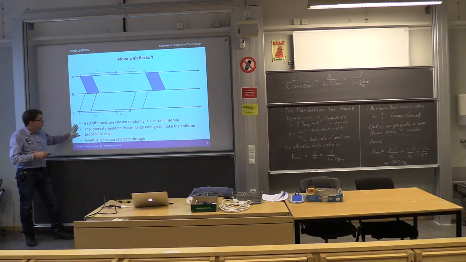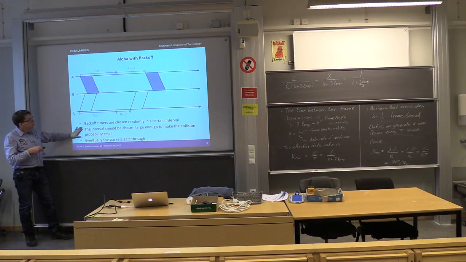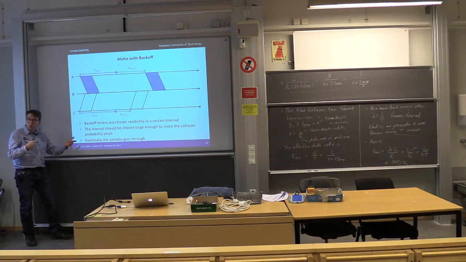So the key to this is to introduce these back-off times, and these are random from time to time. Repeated retransmissions have different back-off times, and back-off times are random also between stations.